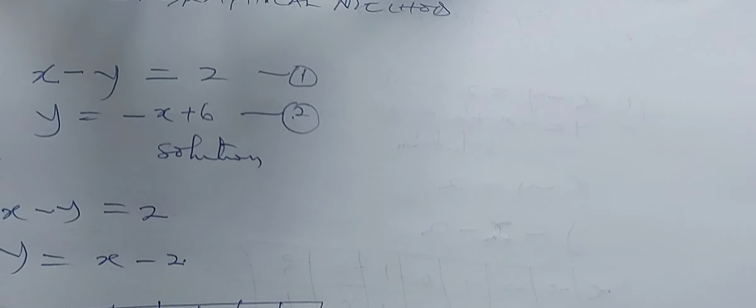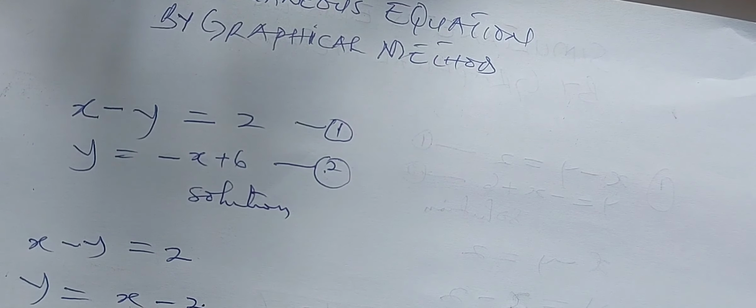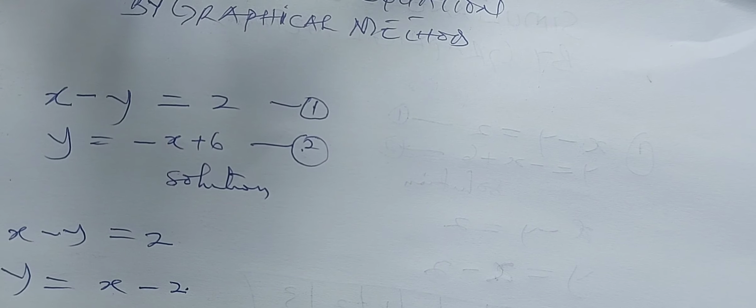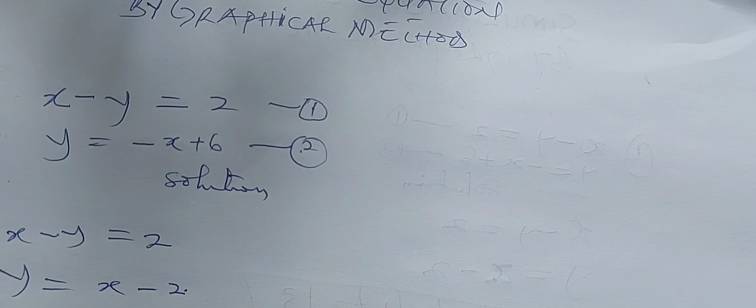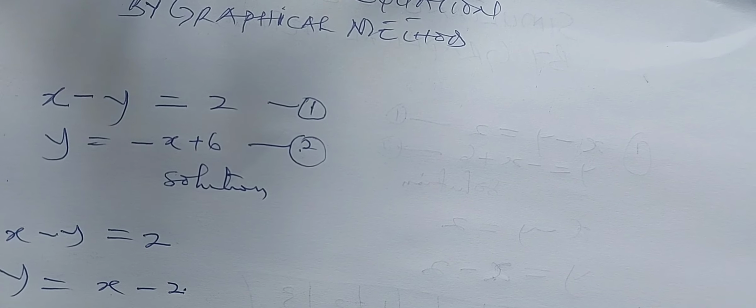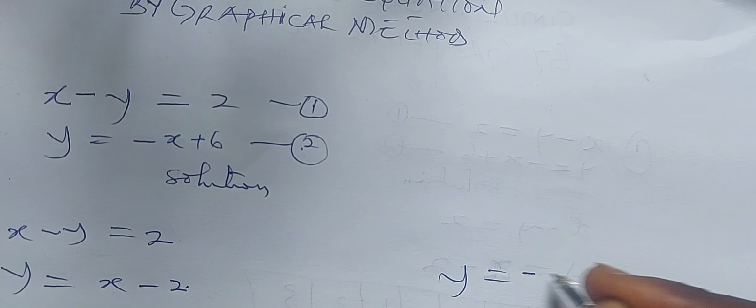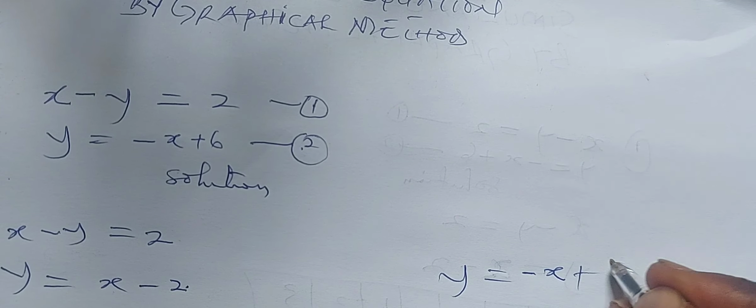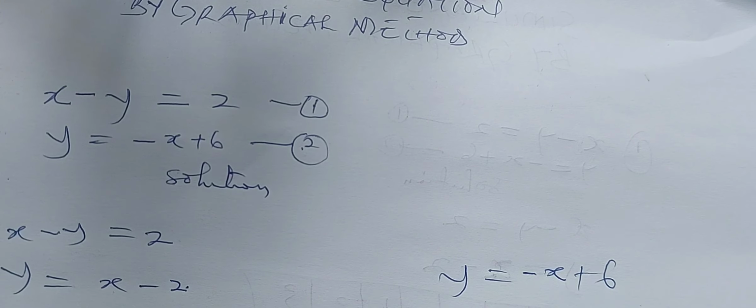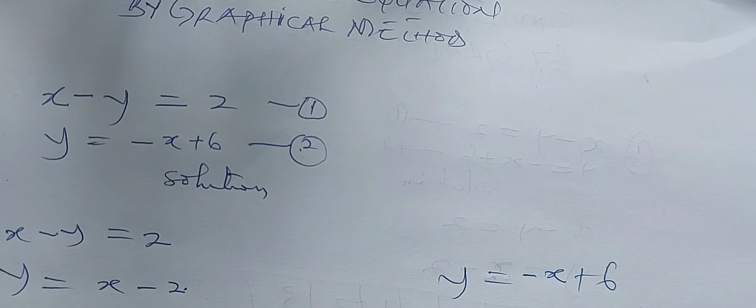Okay, for the second one, you also prepare a table for it, which is the same thing. The equation is y equals minus x plus 6. So you prepare a table for it.